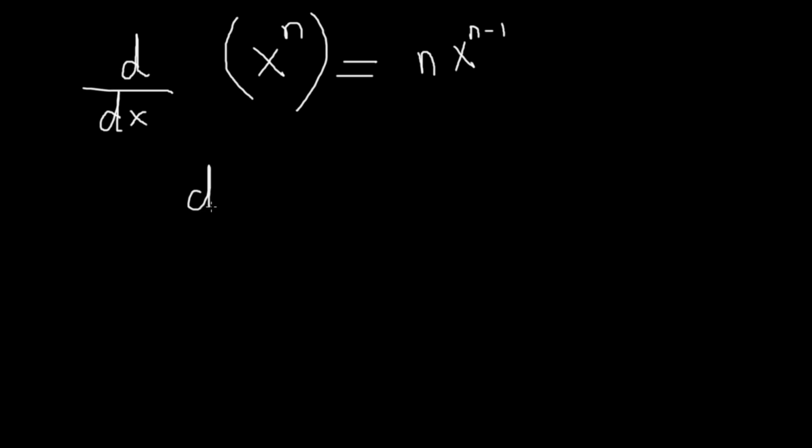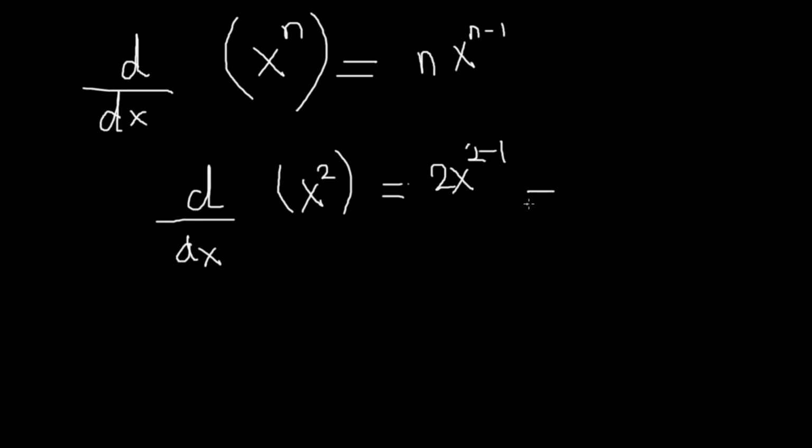For example, the derivative of x squared equals, we bring 2 in the front, 2x, and then x is raised to the n minus 1, which is 2 minus 1. 2 minus 1 is just 1, so it's just 2x.